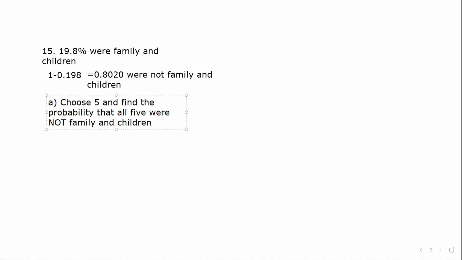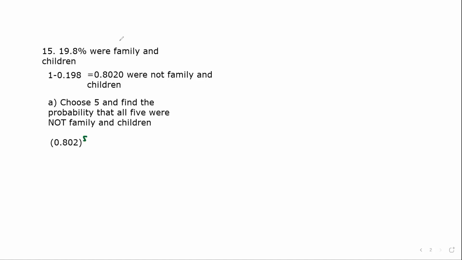That just means that we're going to have our percentage, 0.802, raised to the 5th power. Because we already calculated that percentage and we're choosing 5 of those independently. So we're just going to multiply that all together.